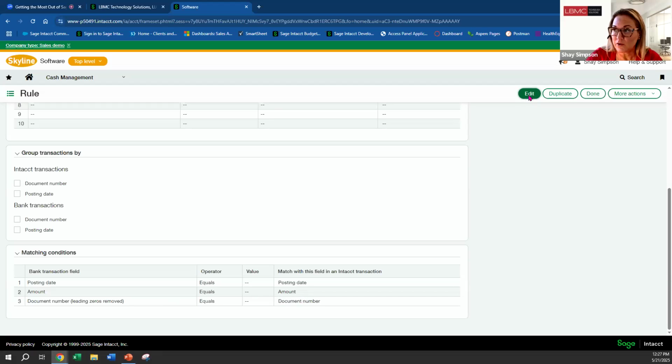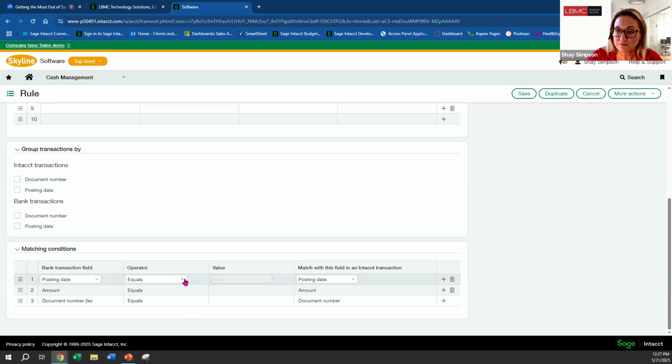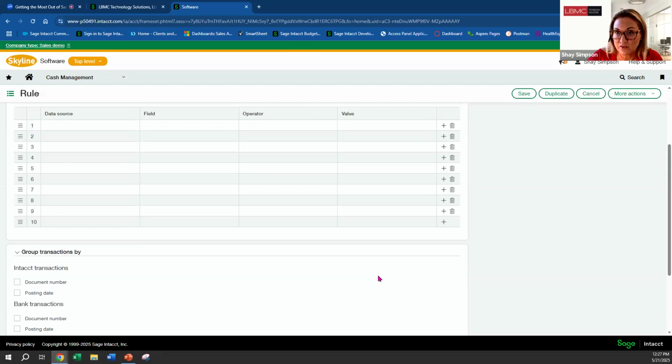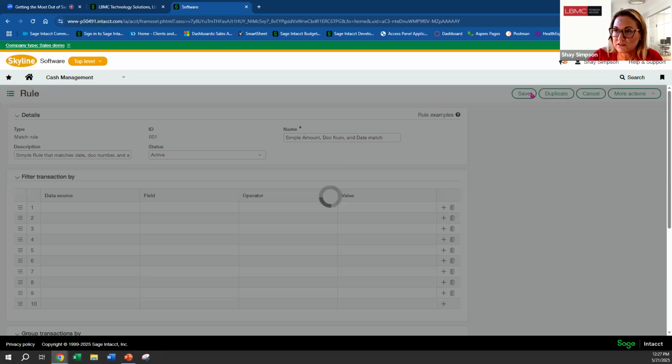Now, one thing that we did talk about was that on the posting date we can have a within. So I could say I want the posting date within 2 days of the posting date in Intacct. So we can change that posting date to within. Okay, we also talked about another example, and I'll go ahead and save that one.